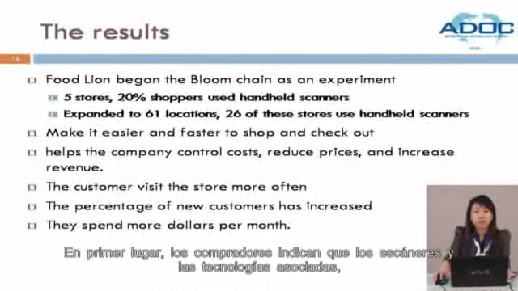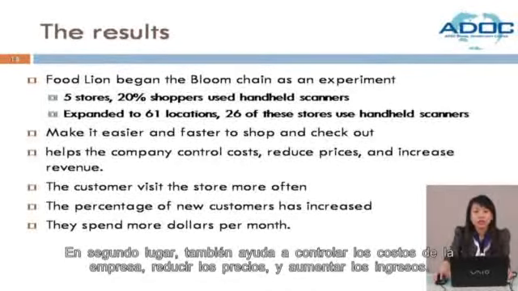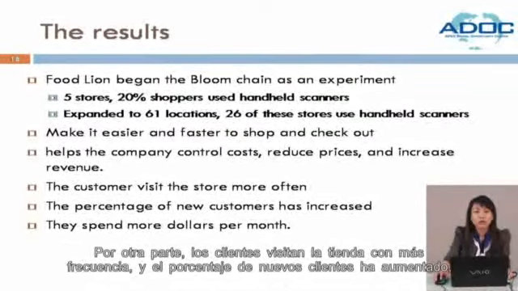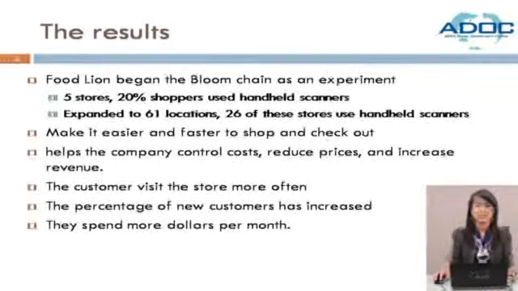First, shoppers indicate that the scanners and the associated technologies like the barcode printer make it easier and faster to shop and check out. Second, it also helps the company control costs, reduce prices, and increase revenue. Moreover, customers visit the store more often, and the percentage of new customers has increased, and they spend more dollars per month.